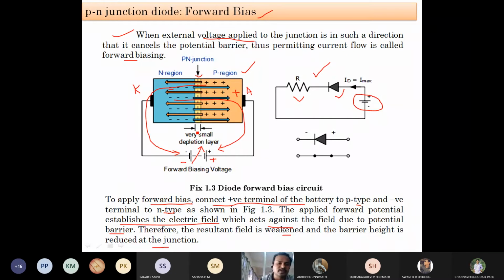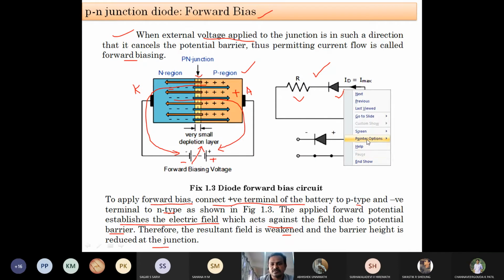What is going to happen here? As you increase the forward bias voltage, there is a decrease in the width of the depletion layer. The movement of charge carriers is not opposed as they move from one side to the other.